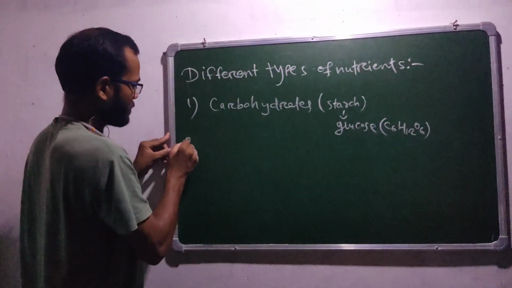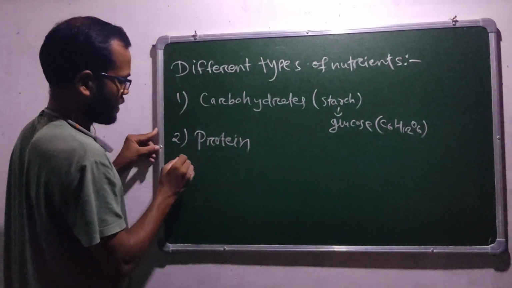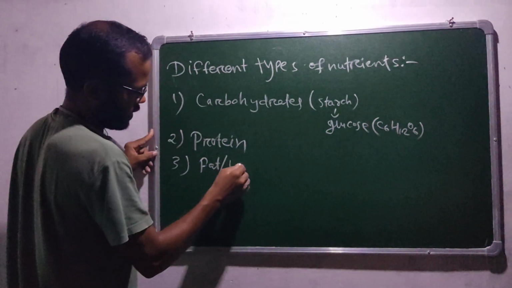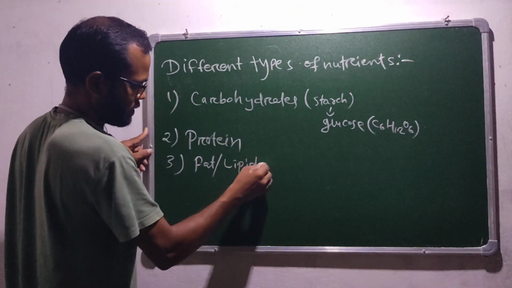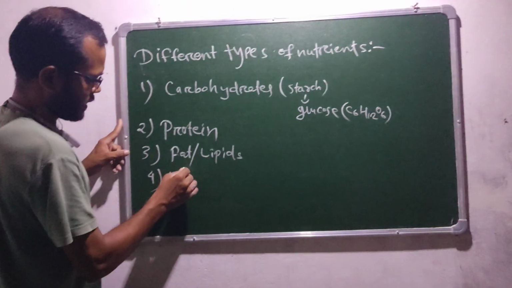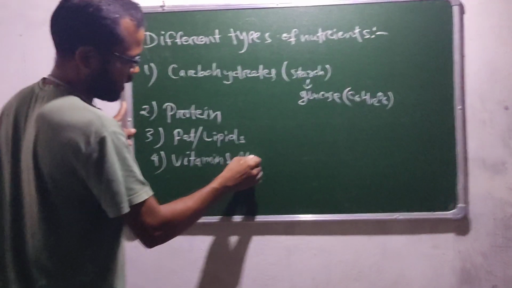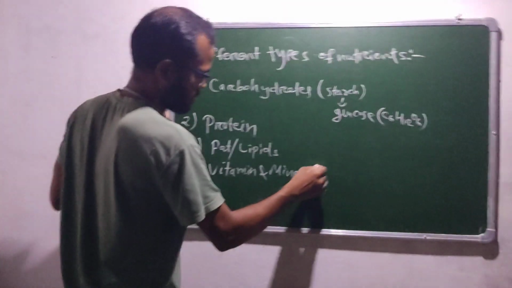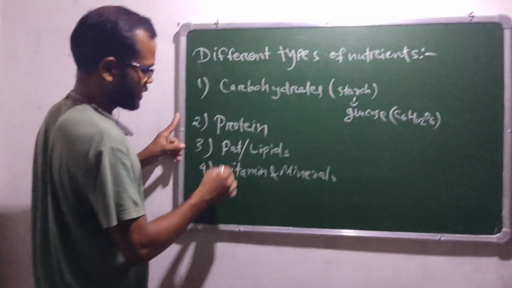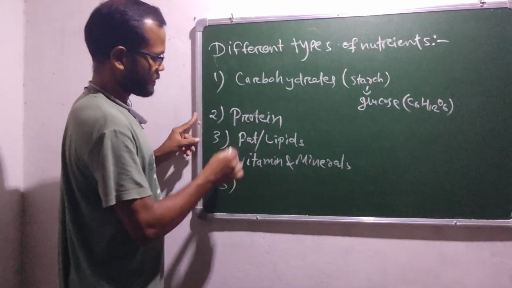The second one is protein. The third one is fat, also called lipids. The fourth one is vitamins and minerals. And the fifth one is water.